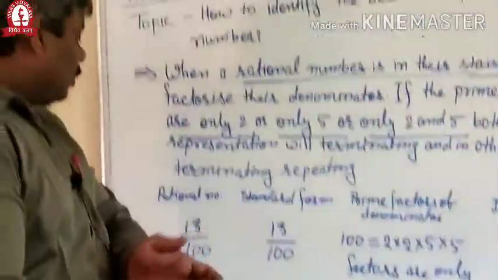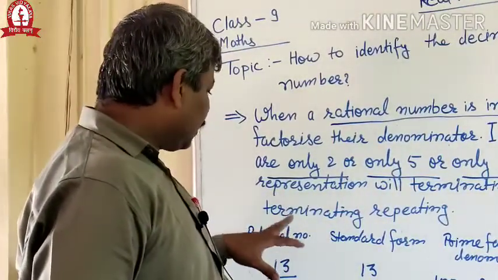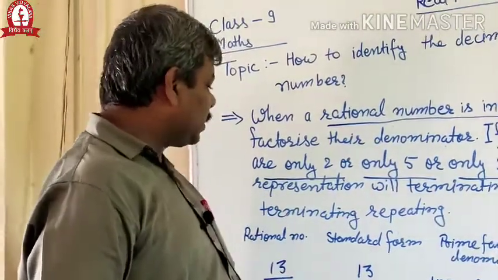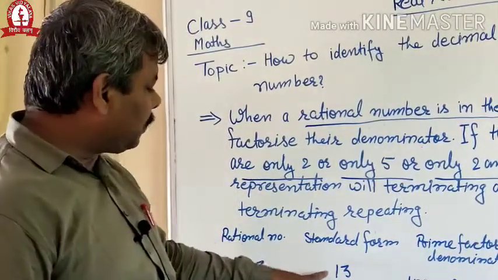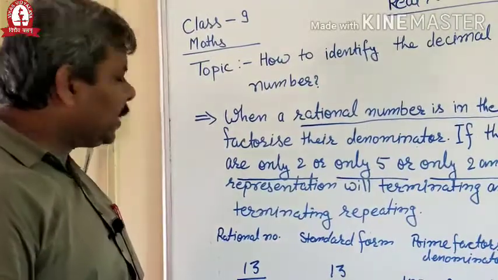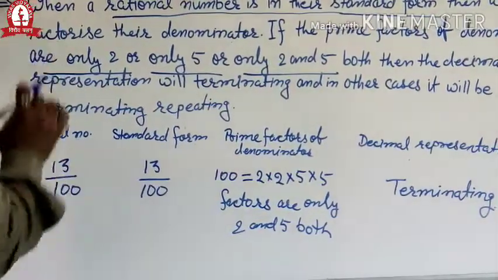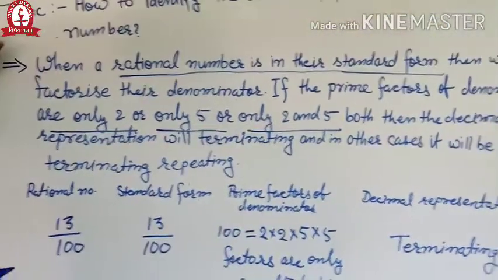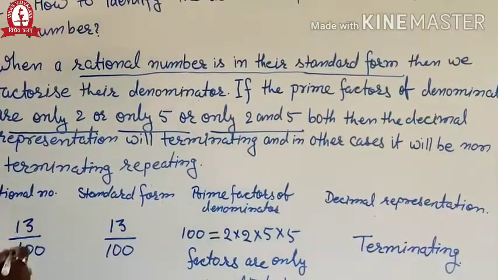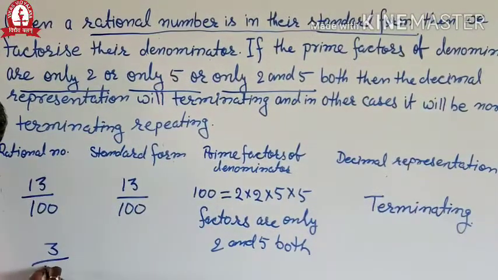Here we have seen that in the three examples, the standard form of the rational number is equal to the given rational number. And in excitement, we made a mistake. See another example, 3/24.